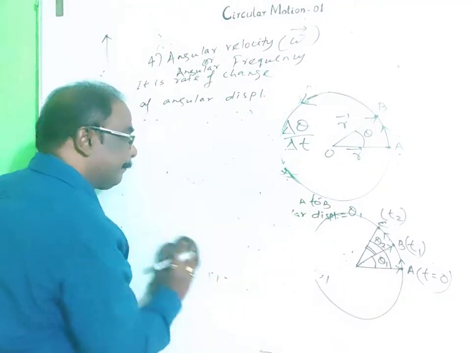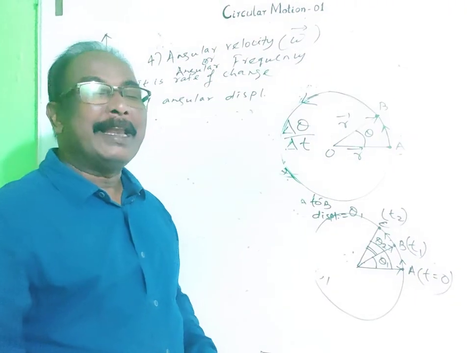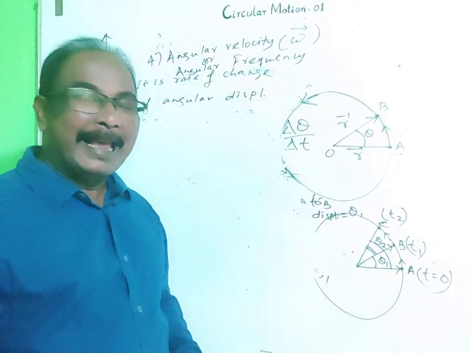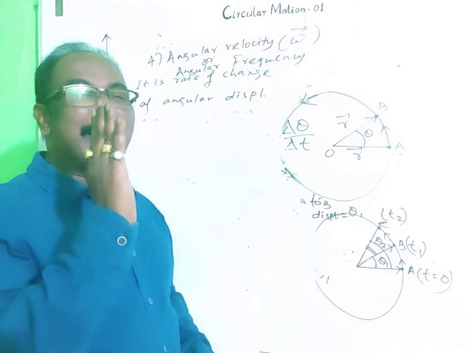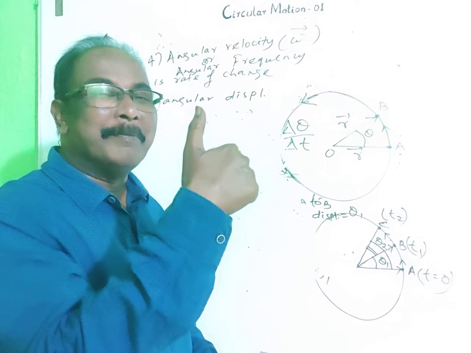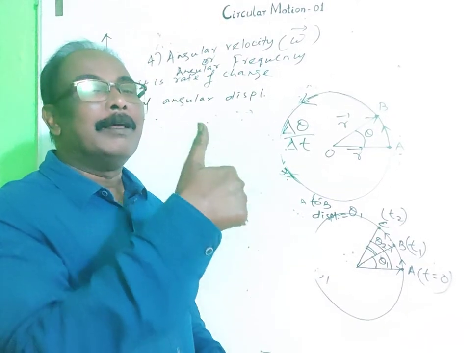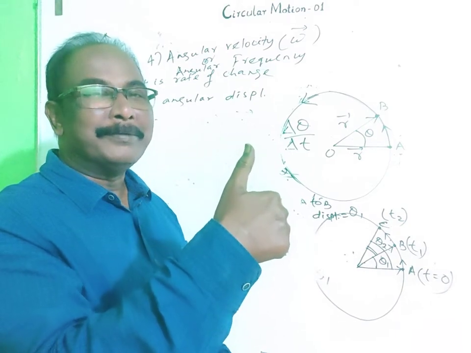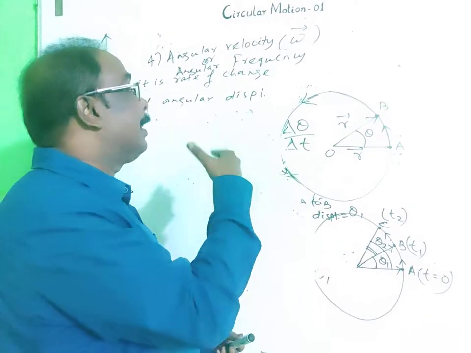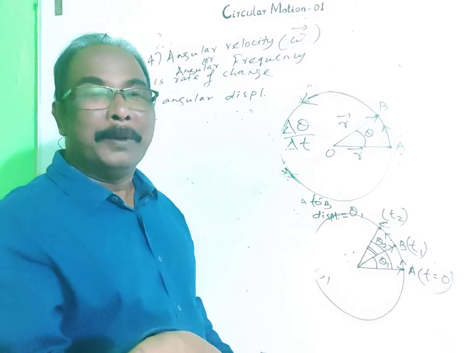Then what is the direction of angular velocity? The direction of angular velocity is determined by the right hand thumb rule. The direction of change in angular displacement, delta theta, is equal to the direction of omega.